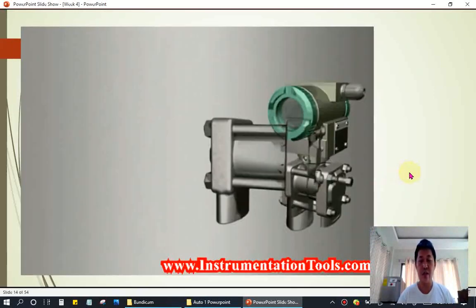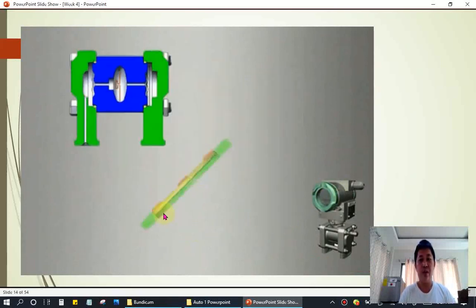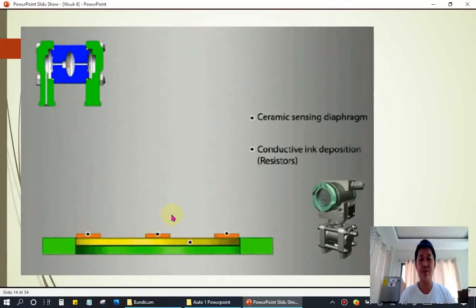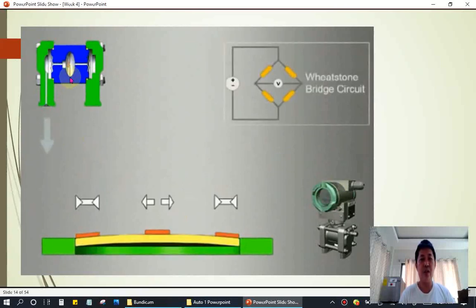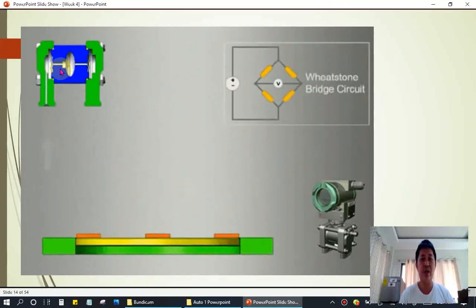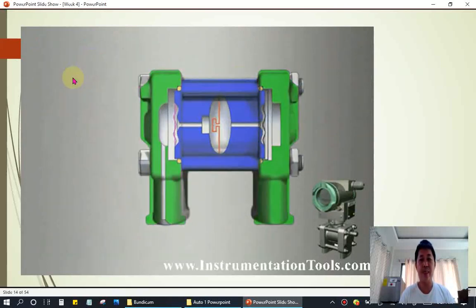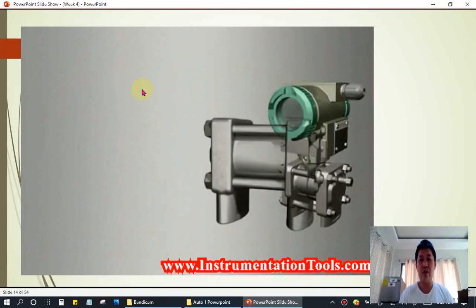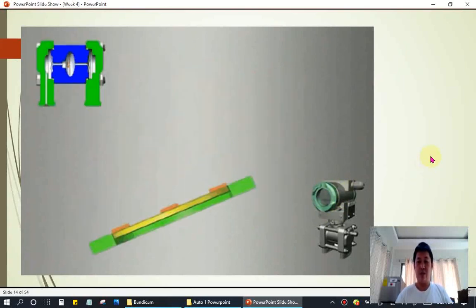Next, this is a continuation of the animation. As you can see, the diaphragm in here, when the fluid is creating pressure, there is a movement of your diaphragm, and this movement is converted into the electrical signal going through the transmitter to your digital thermometer.